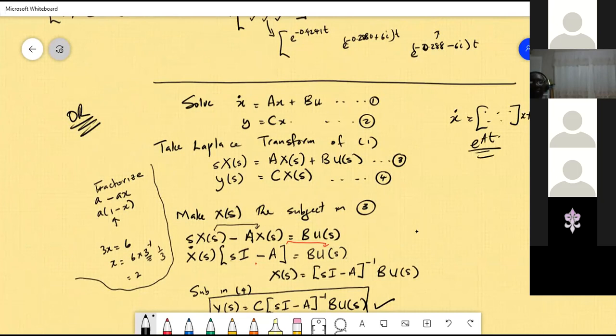But you can use the same MATLAB approach just to solve this kind of system that we have. Because if you say sX equal AX, then you can work out what your equation is going to be. You can use the MATLAB approach.